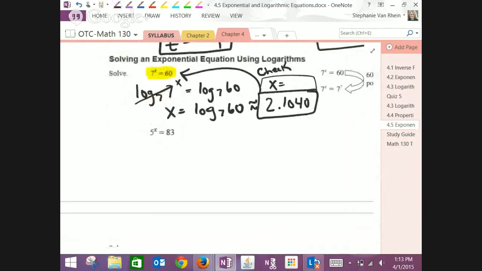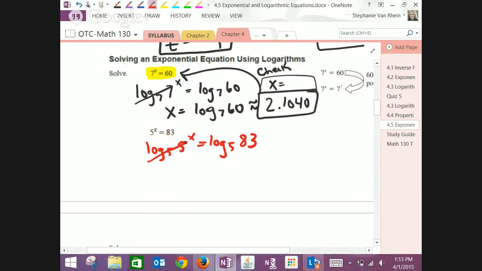So what would be 5 to the x equals 83? Yes, very good. So if I take log base 5 of both sides, it's the exact same idea of adding, subtracting, multiplying, dividing, exponents, logarithmic, right? They're inverses of each other.